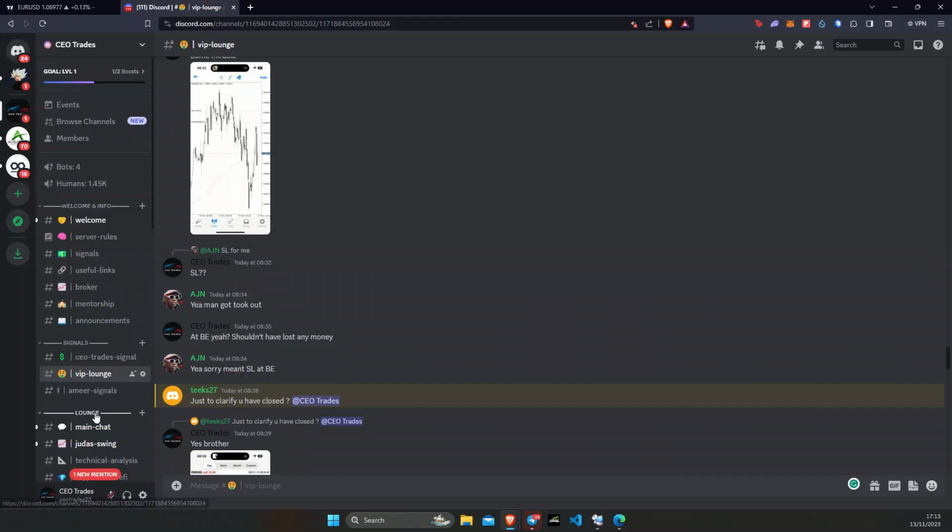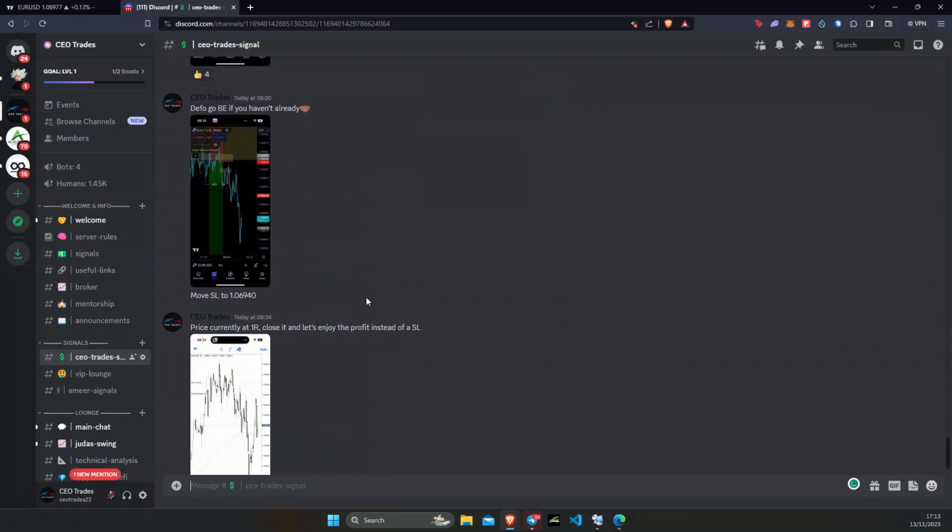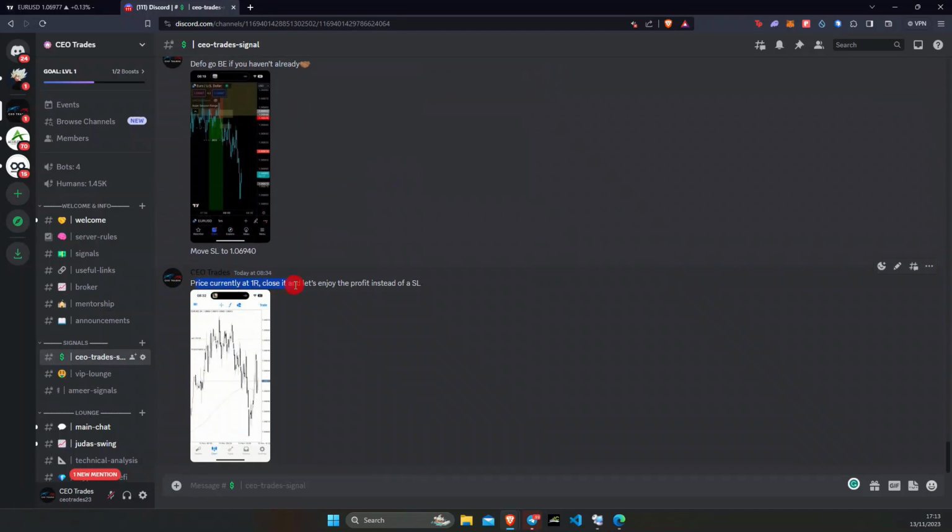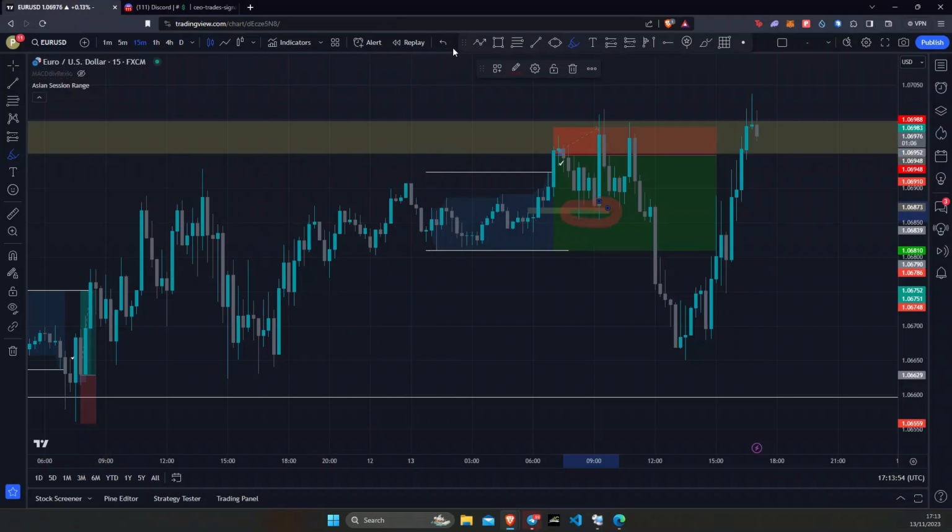So this is where I told everyone to actually close the trade at 1R. So price was up 1R, and I said, let's close it. Let's enjoy the profits instead of waiting for a break even, or for some people, potentially a stop loss as well. So as we can see, price tapped in and it did reverse, and it did actually go to hit the stop loss. But for us in the Discord, I told everyone to get out somewhere around here with 1R on the trade.